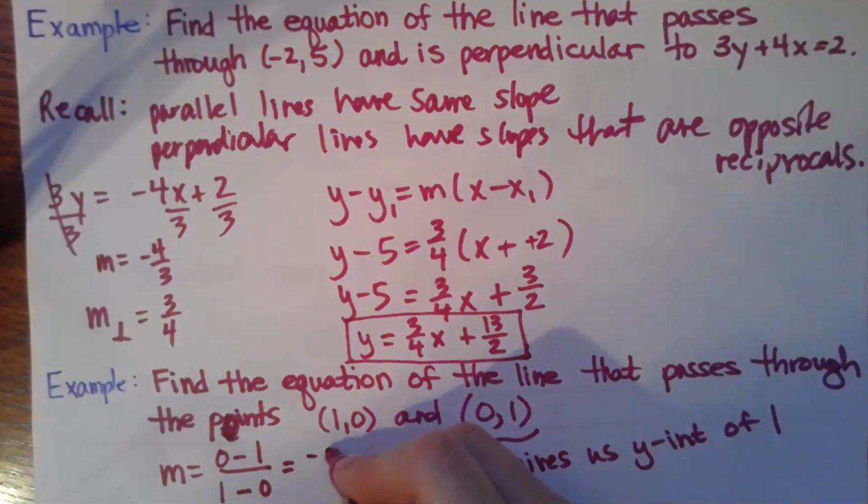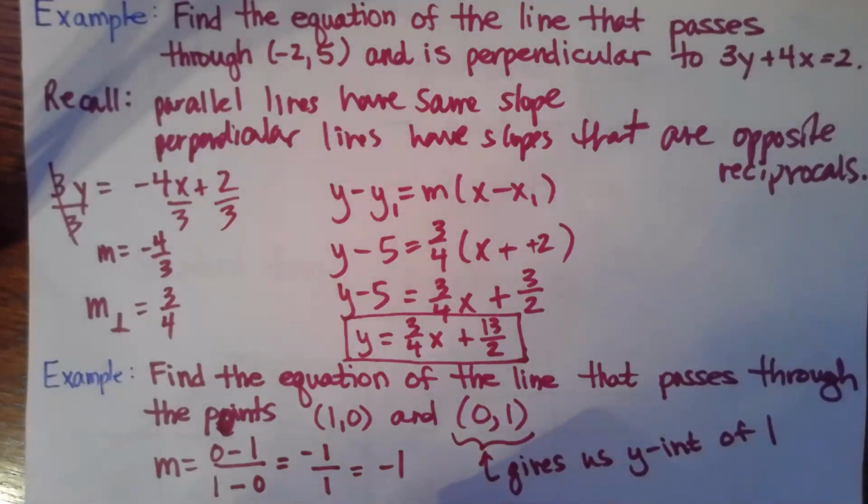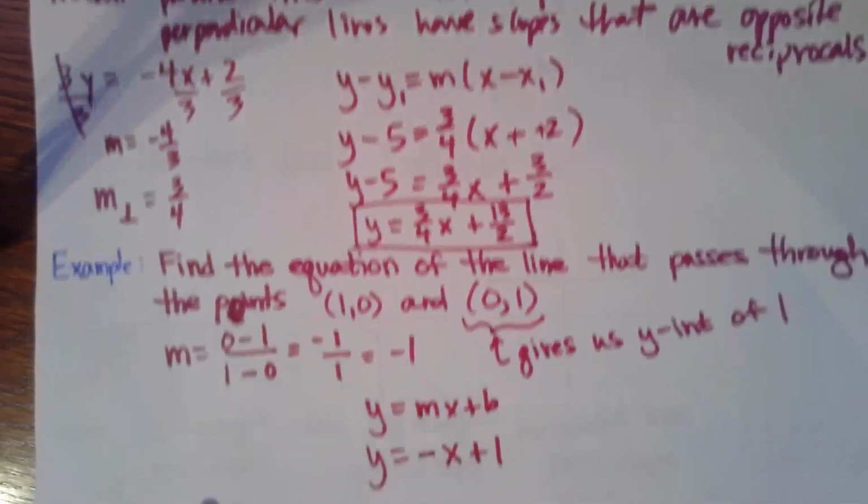Okay, and we'll get negative 1 over 1, or just negative 1. So the slope is negative 1, and the y-intercept is 1. So if we plug that into y equals mx plus b, that will give the equation y equals, well, our slope is negative 1, so that's negative x. Our y-intercept is 1, so that's plus 1.